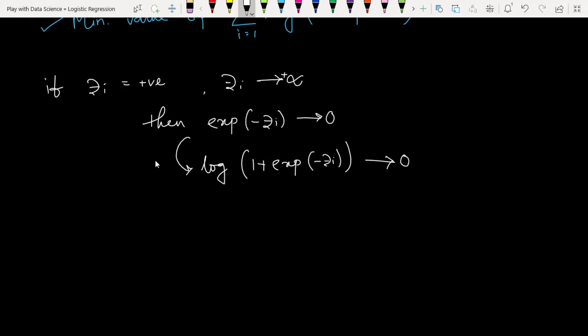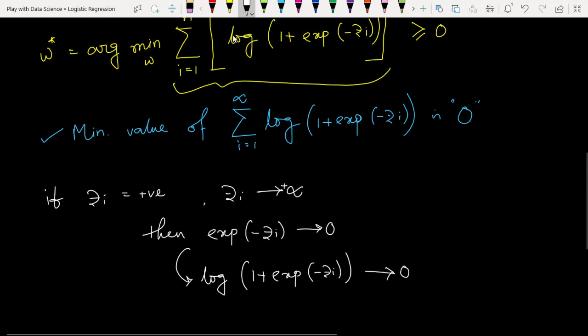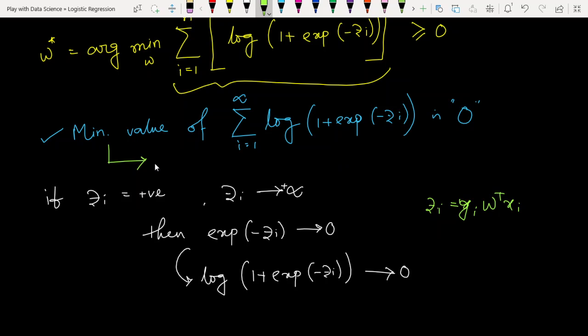When does it occur? Not for only a single zi. Zi is yi times w transpose xi, the signed distance.